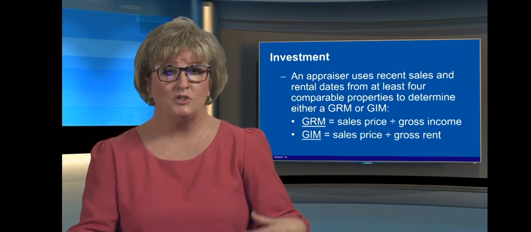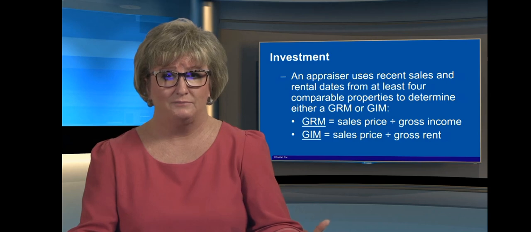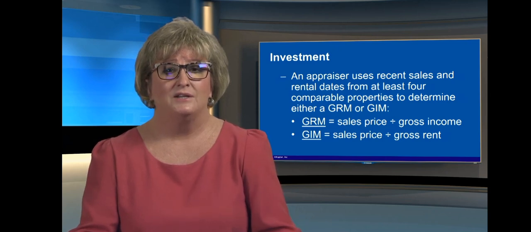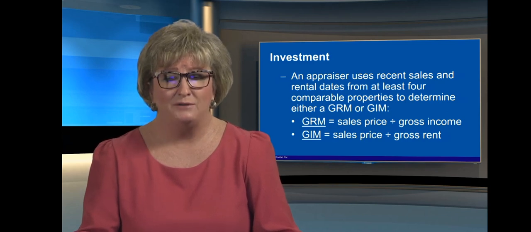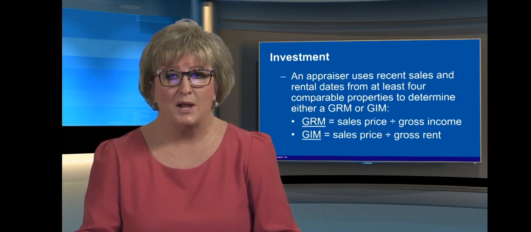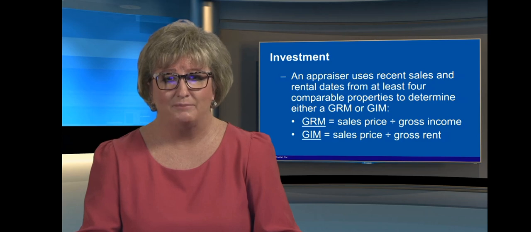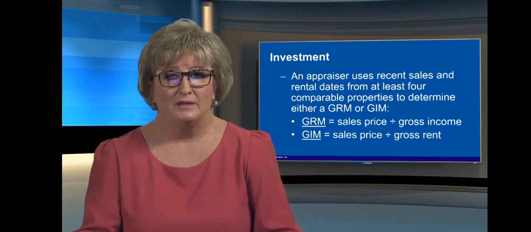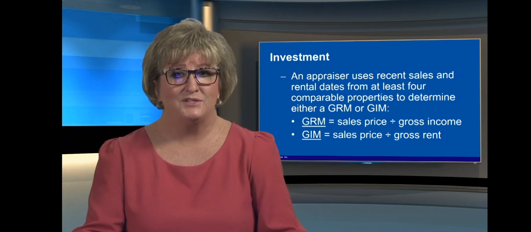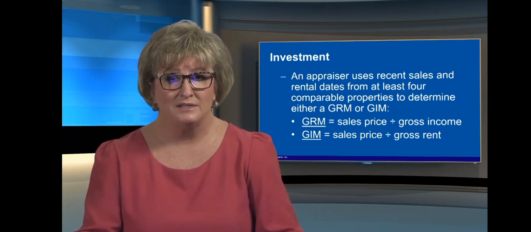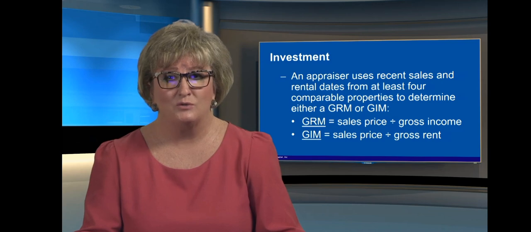Now, the gross rent multiplier is the sales price divided by gross monthly income. And the gross income multiplier is the sales price divided by gross monthly rent.